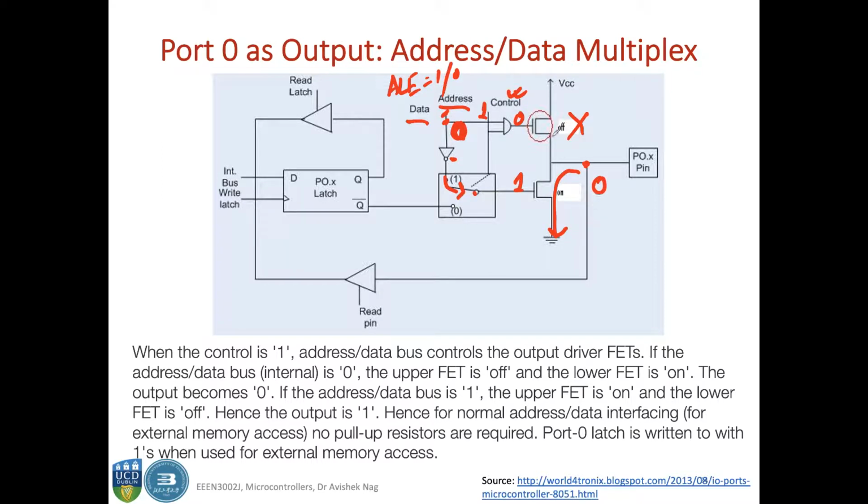Okay, so you can see if you put a 0 here, whether it's an address bit or a data bit, that can be read here. Okay, through this read pin. Now if you put a 1 here, then here you will get a 0. Okay, and here you will get a 1. Okay, because control signal is already 1.